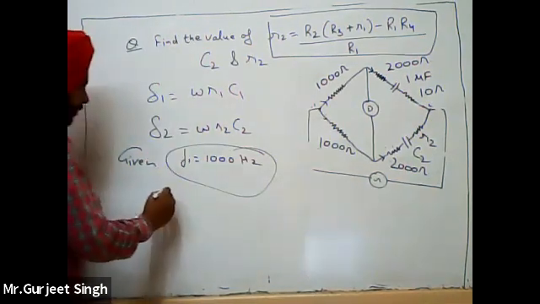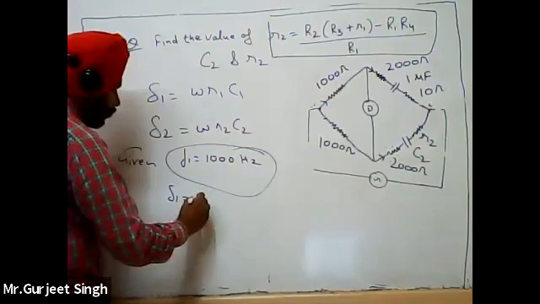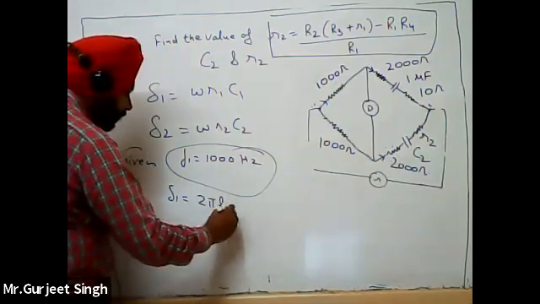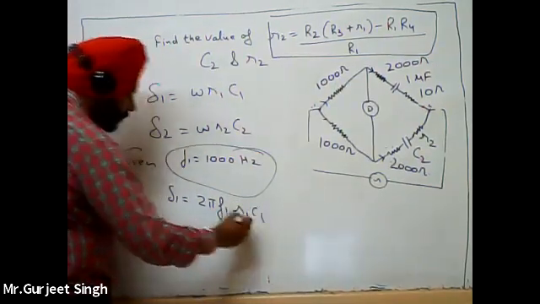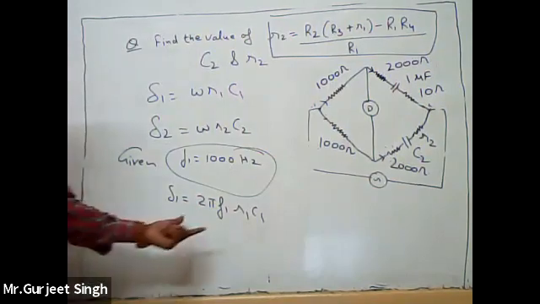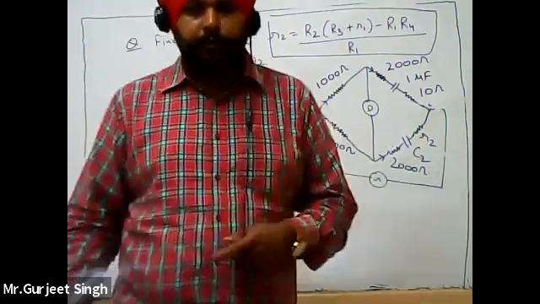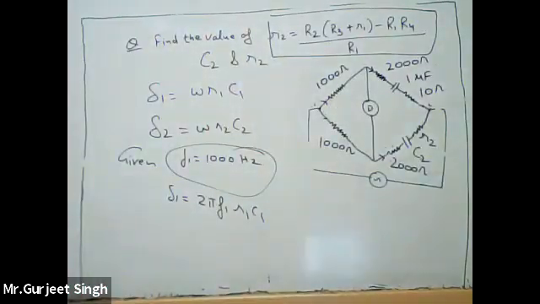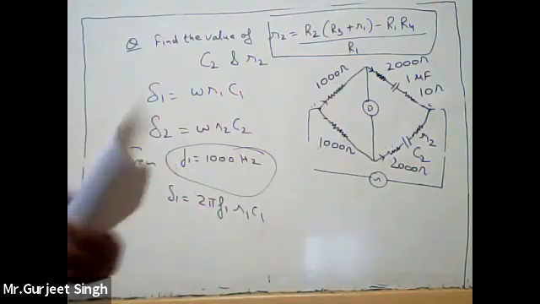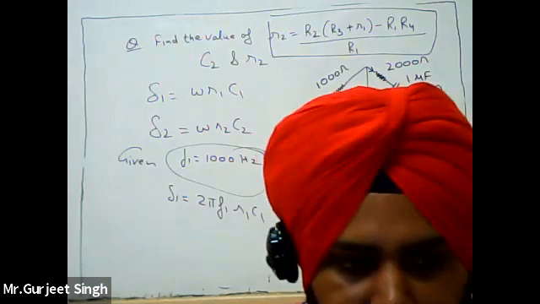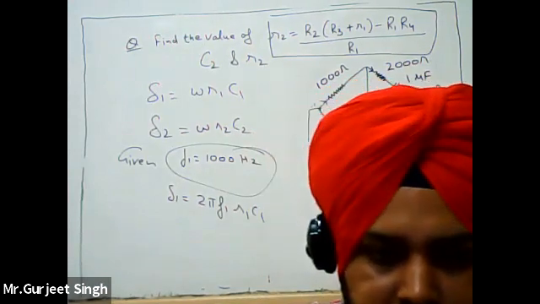Then you will put delta 1 is equal to 2 pi f R1 C1 values here. Then you will find out the value of phase angle error 1, then phase angle error 2 also. Okay, so this is about the Desauty bridge. Any student having any doubt regarding this numerical, regarding this bridge?